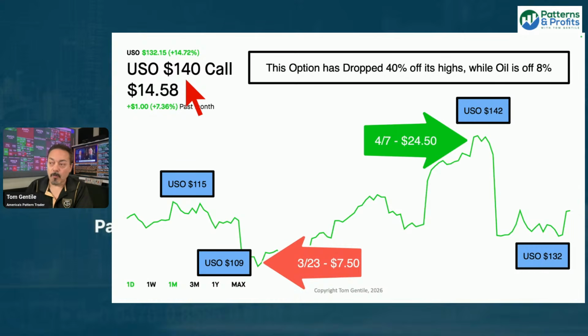But here's the important point. What's happened since then? We saw USO drop back down into the 120s, and now it's trading at around 132.15 as of this chart. Look what the option prices are going for, 14.58. What has happened? We've dropped 40% off the highs in just a week, and yet oil is only off 8%. So what has happened here?